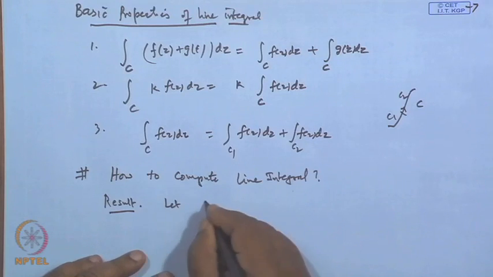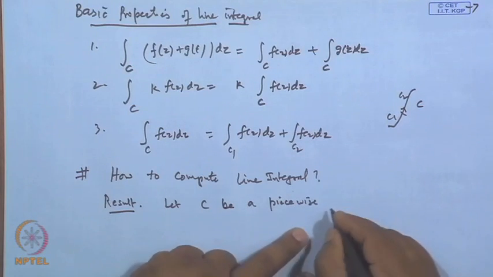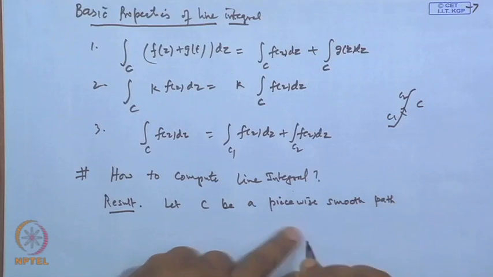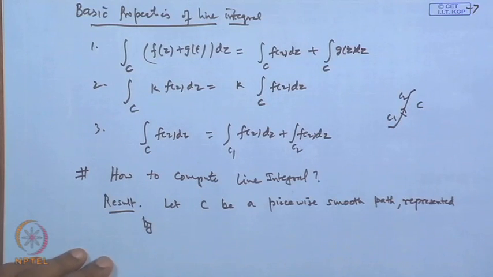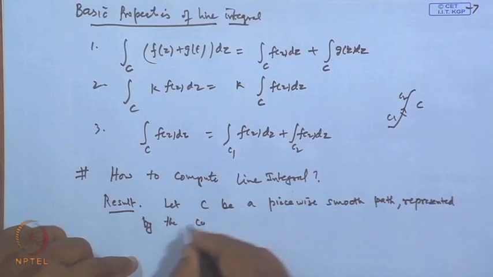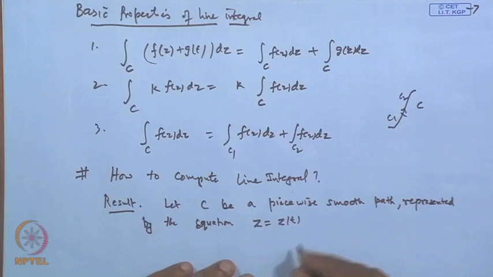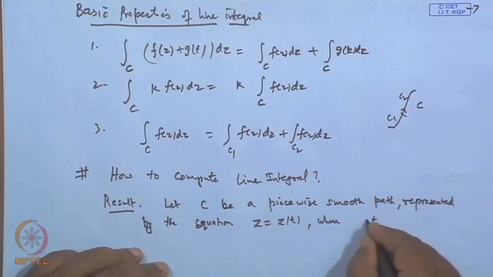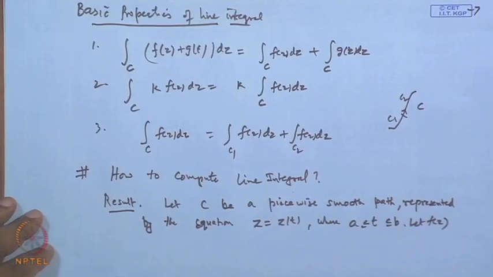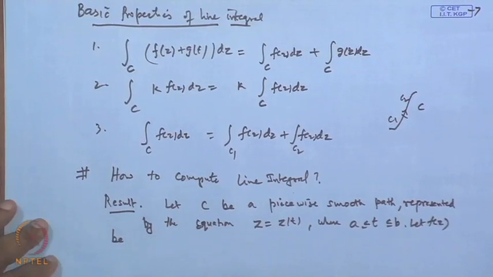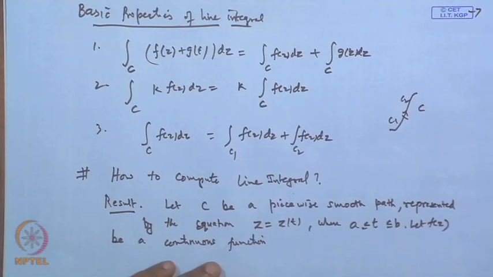Let C be a piecewise smooth path represented by the curve, by the equation z equal to z(t), where t varies from A to B. Let f(z) be a continuous function on the curve C.